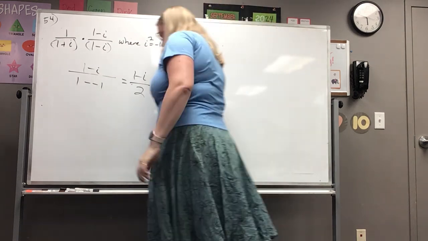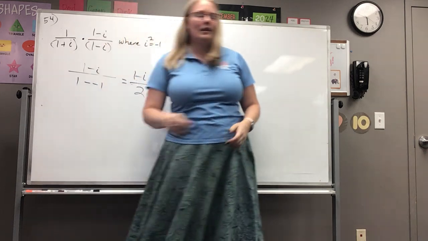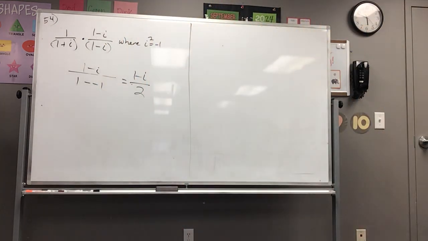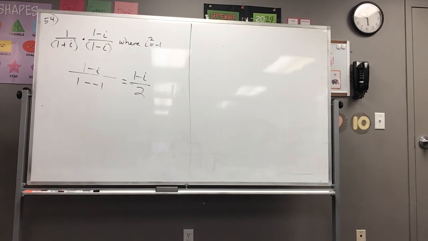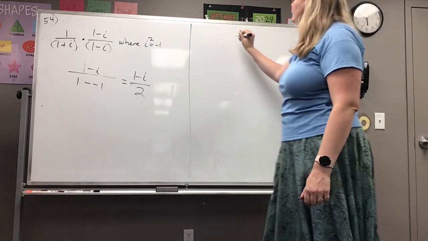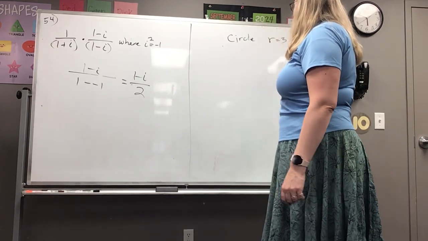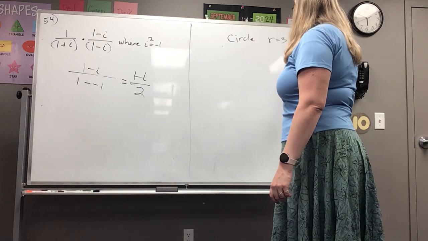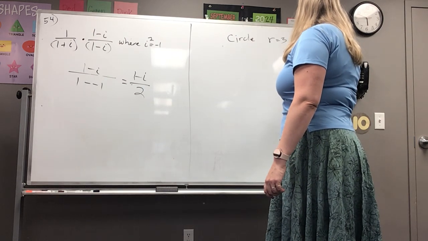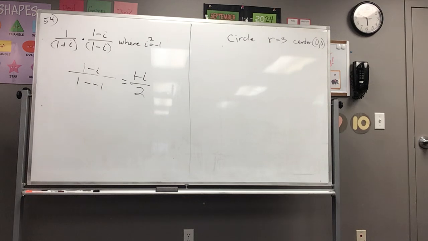Last one. Again, we're extending into the new stuff, but you've done well enough on the basics that I'm okay with it. So, a circle has a radius of 3 and center at 0, 0. You don't have to know the equation of that circle, just know that's what it looks like.